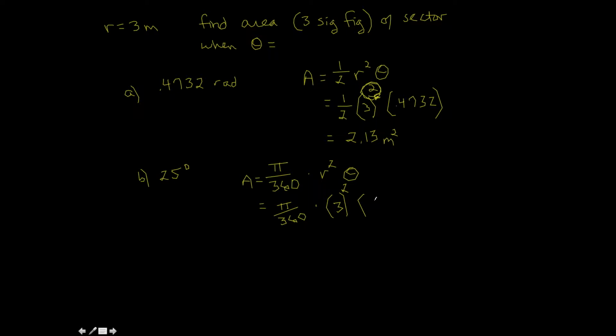Now, our theta here is in degrees, so it's going to be 25. And remember what this first part, the pi over 180 part of this pi over 360, is changing our degrees to radians, essentially. Okay, so rounding this to 3 significant digits, we get 1.96 square meters. And that would be the area of the sector.